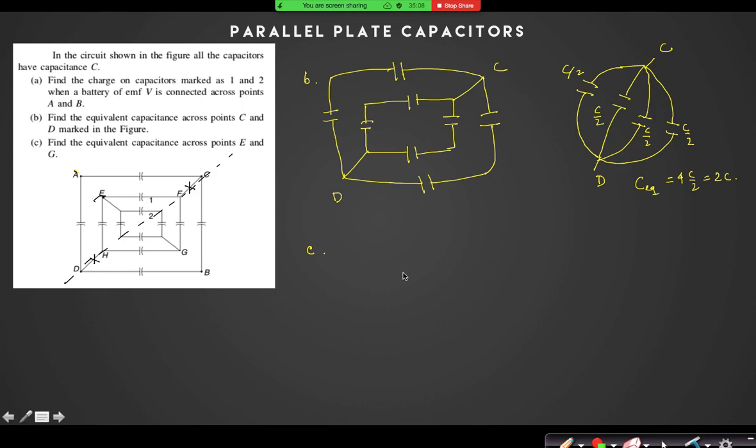So my circuit here will be simplified like this. This one and this one, with this one and this one. A very similar circuit lies below also.